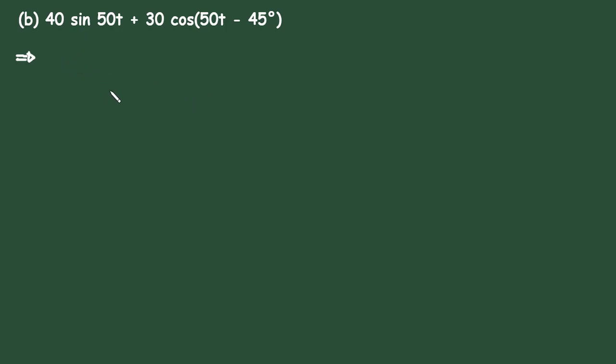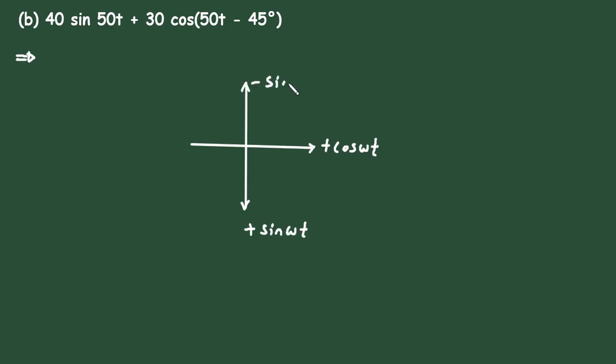So to convert from sine to cosine, let's go to the basics again. Here this is plus cos omega t, this is plus sine omega t, this is minus sine omega t, and this is minus cos omega t.